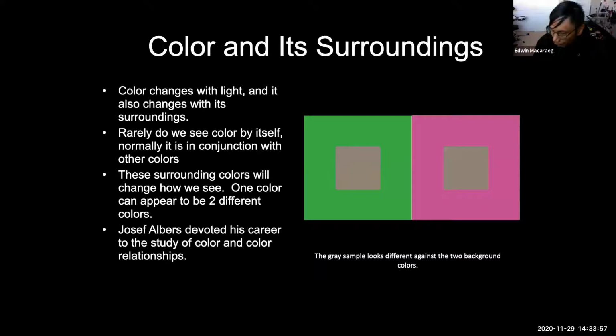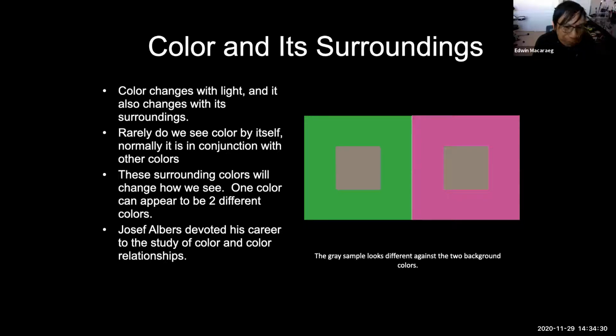Let's talk about color and its surroundings. You can say that color changes, or it appears to change, based on its surroundings. So if you look at this example here, there is a gray sample that is surrounded by a green side and then this pink side. You can say that the gray is making these colors feel a lot more vibrant, a lot stronger.